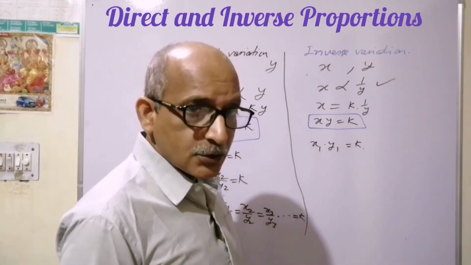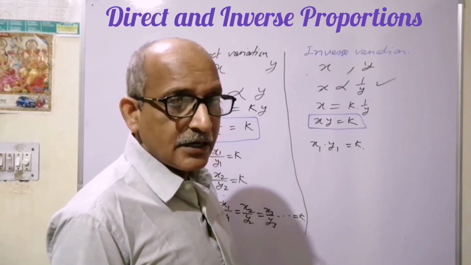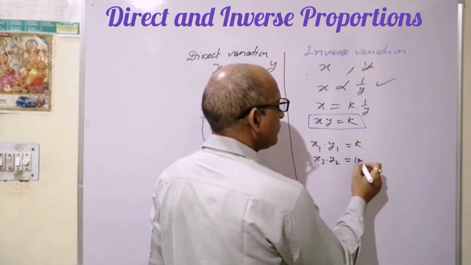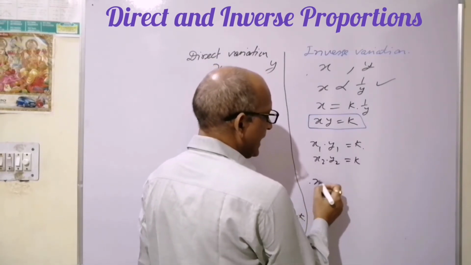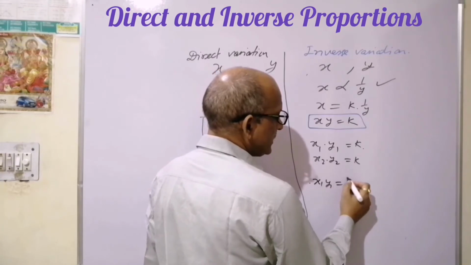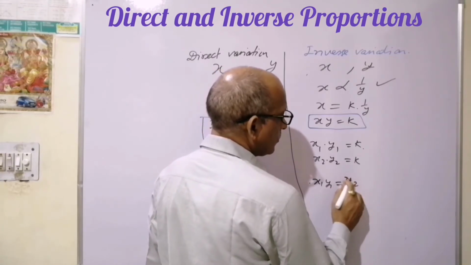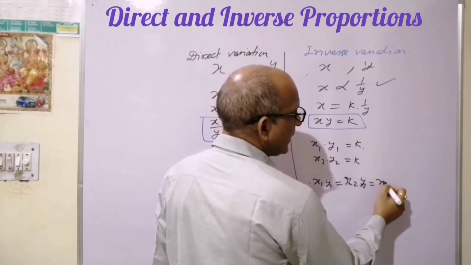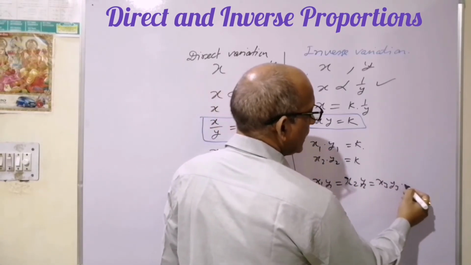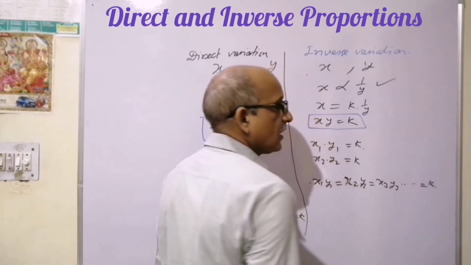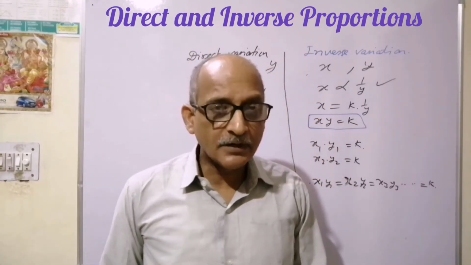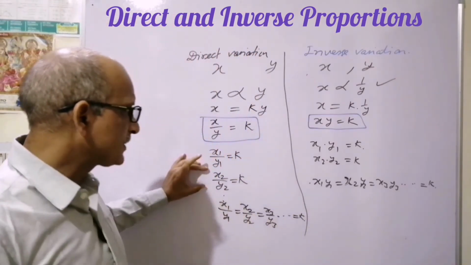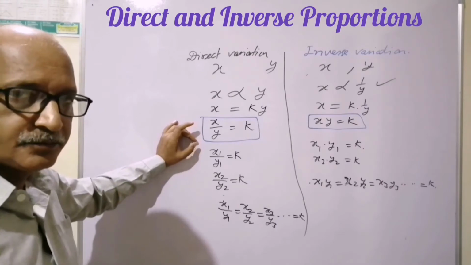If x is converted into x2, y will be consequently converted into y2, so x2 into y2 will also be equal to k. In this way, x1 y1 is equal to x2 y2 is equal to x3 y3, always constant. So in inverse proportion, x into y is constant. In direct proportion, x upon y is constant.